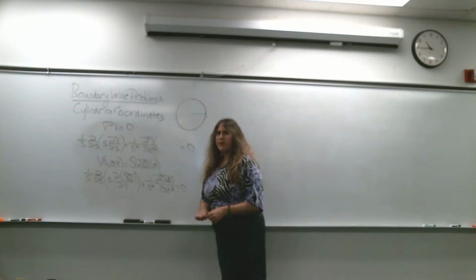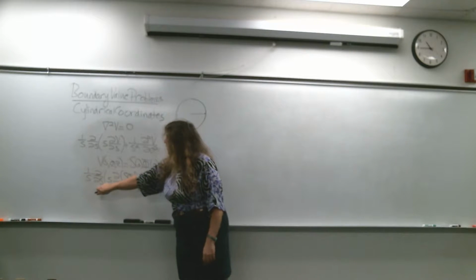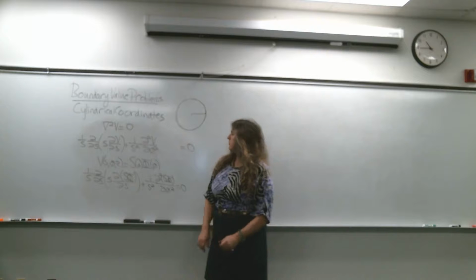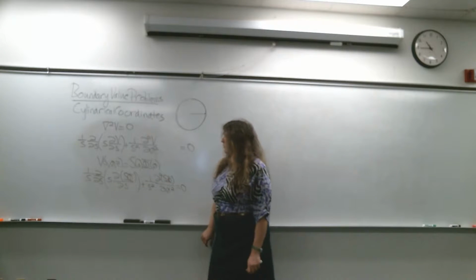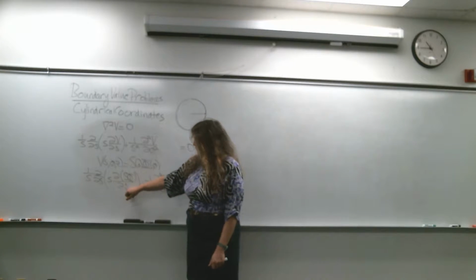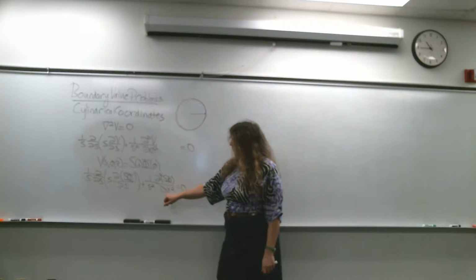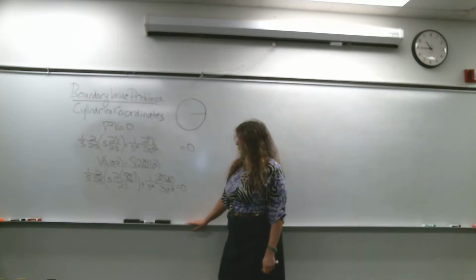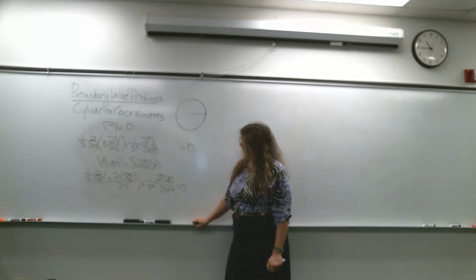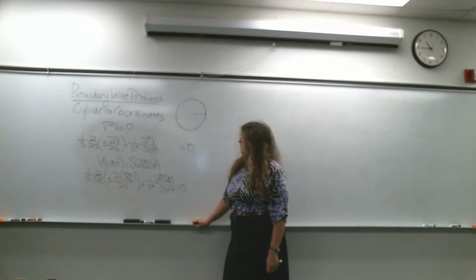And just reading off these terms, we have 1 over s, partial derivative with respect to s of s times partial derivative of sv with respect to s, plus 1 over s squared, second partial derivative of sv with respect to v.